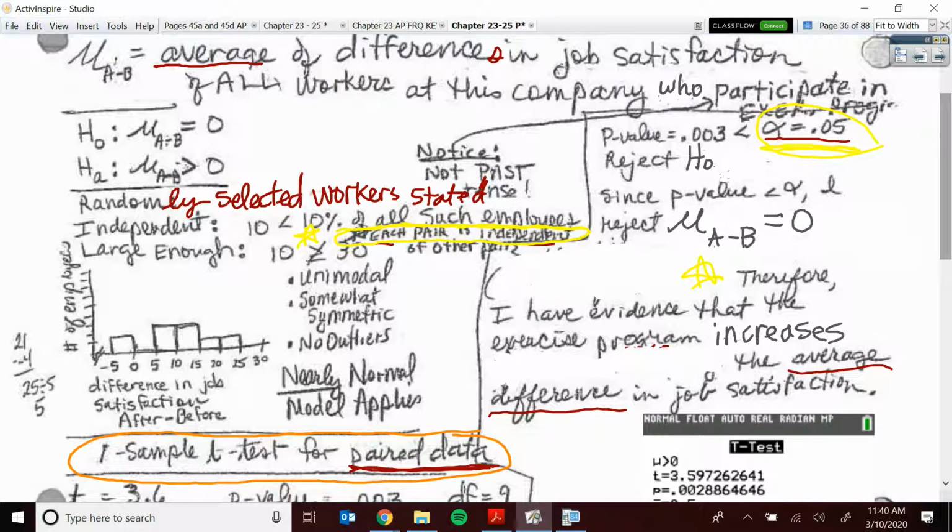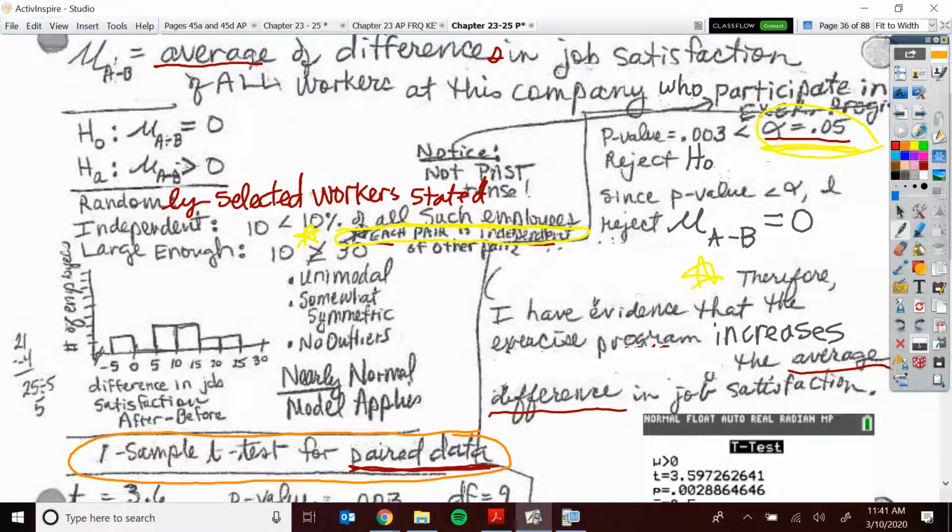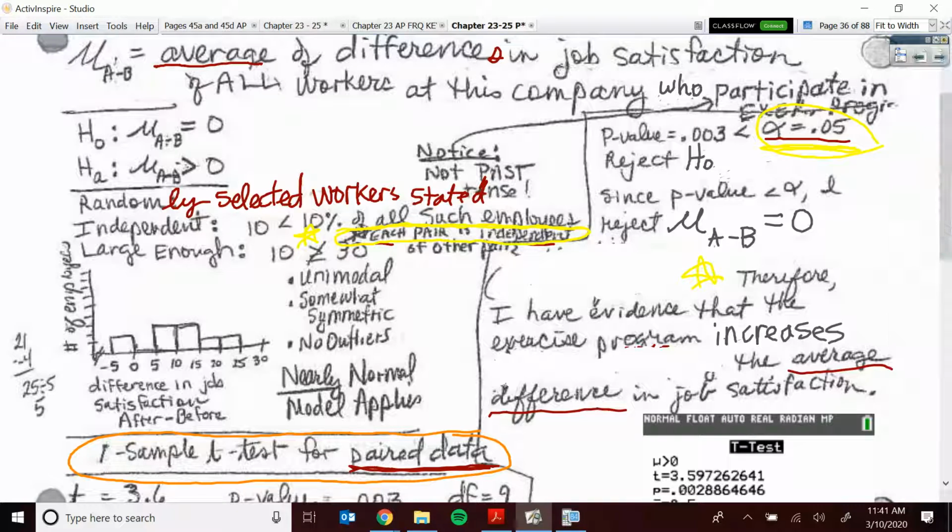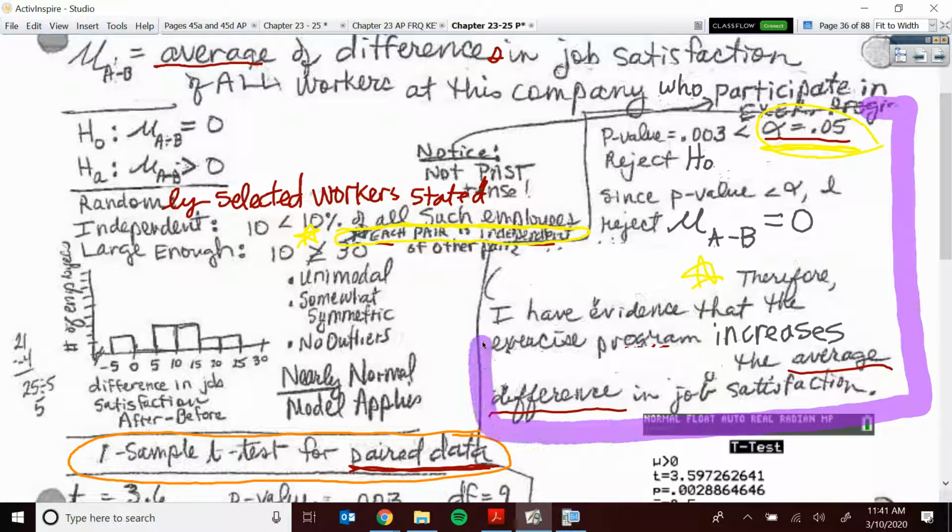So let's go to our conclusion. So our conclusion here says that, since the p-value is less than alpha, then I'm going to reject H0. So I'm over here taking a look at this section here for my conclusion. So I'm going to reject H0.